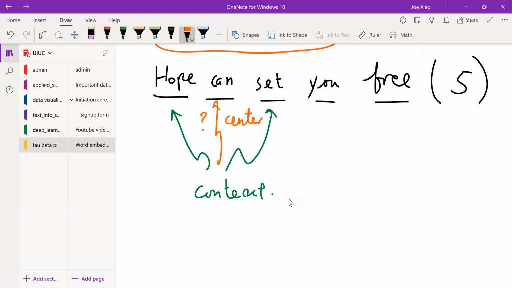So can we predict "can"? And if we can do that, then we have a way to represent these words in a way that we find useful. So how can we do this?